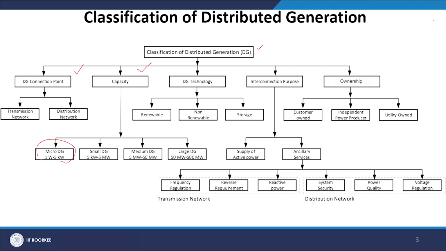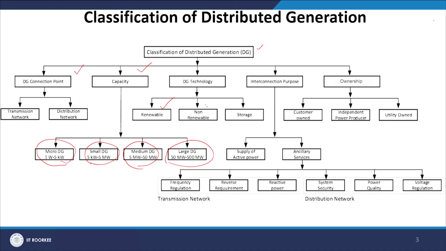Small DGs vary from 5 kilowatt to 5 megawatts, and medium DGs are 5 megawatts to 50 megawatts. So probably they are a bit large in size, and finally the large DG, as close as thermal power plants, is 50 megawatts to 500 megawatts.